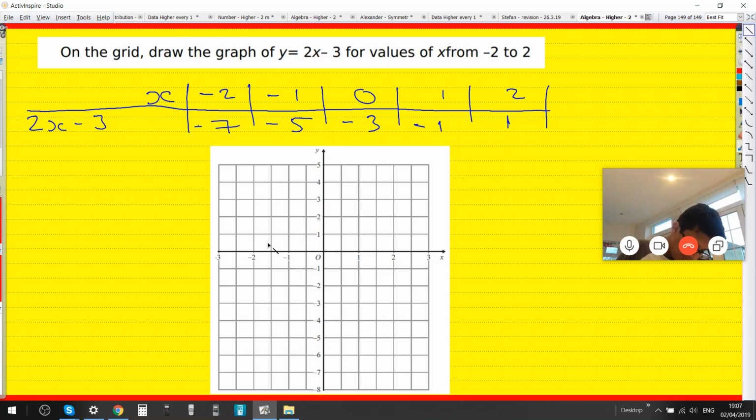So we've got minus 7, then minus 5, then minus 1, then 1. 0 to minus 3. 1 to minus 1. And 2 to 1. Okay, so I've got a straight line, and I'll join the dots.